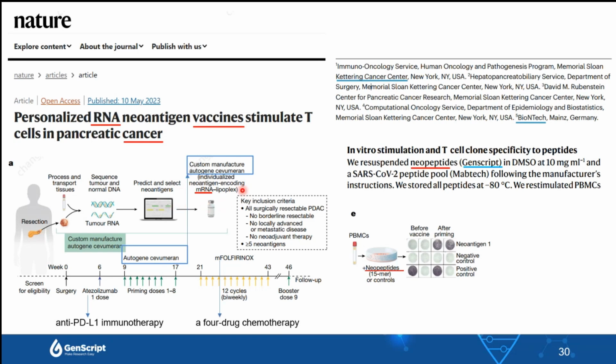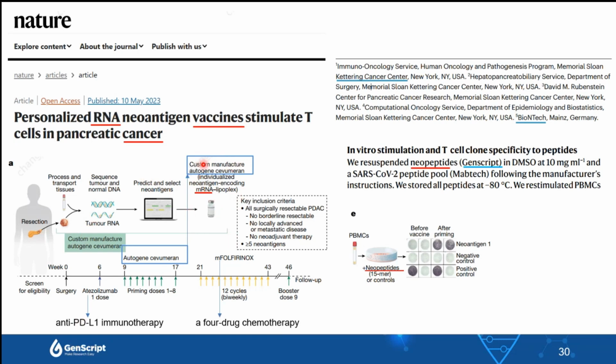Then we send it to the manufacturer to produce the customized mRNA vaccine, which includes the neoantigens and is packaged by lipoplexes. So this is the personalized mRNA.